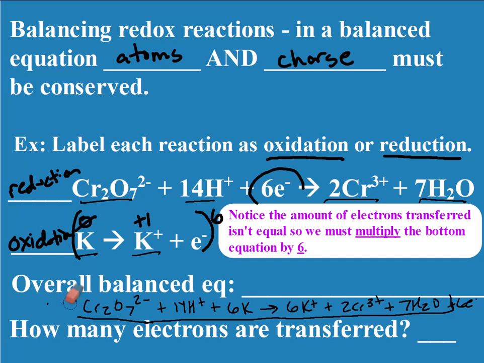Those canceled out because they were on both sides of the equation. So anything that's on both sides of the equation can cancel out. My K's can't because they're different, since one has an oxidation number of 0 and the other's a +1. For how many electrons are transferred, it's the number that we crossed out, which is 6. I've gained 6 and I've lost 6.